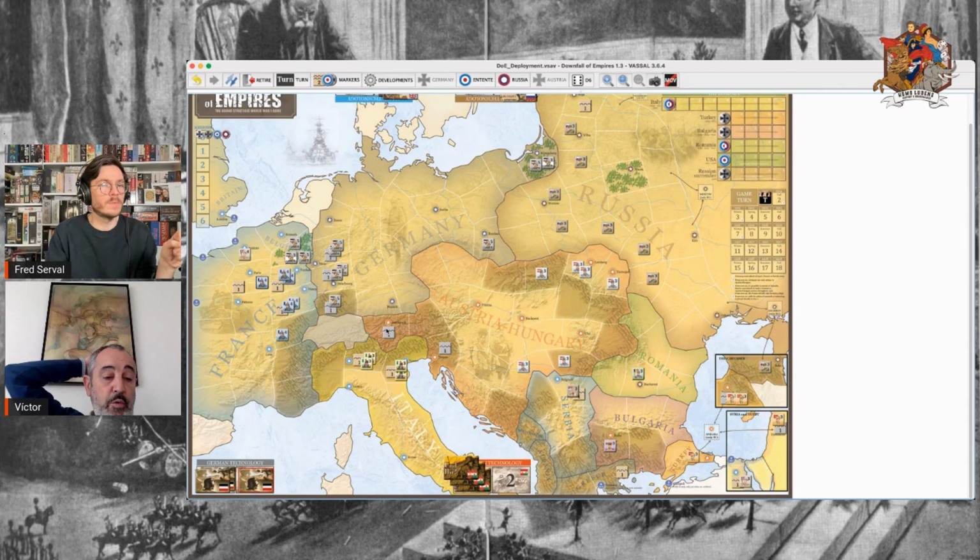To be active, it has to be the next turn that it is in the second box. Okay, yes, that's what I mean. As long as it's in box 1, it's not an active technology. You have to push it to the second box, and then at the following turn, it would become an active technology. That's right. So box 1 is basically showing that the power in question is starting to develop it, and when you put it to box 2, it makes it so that the following turn it is going to be developed. That's right. Okay, makes sense.